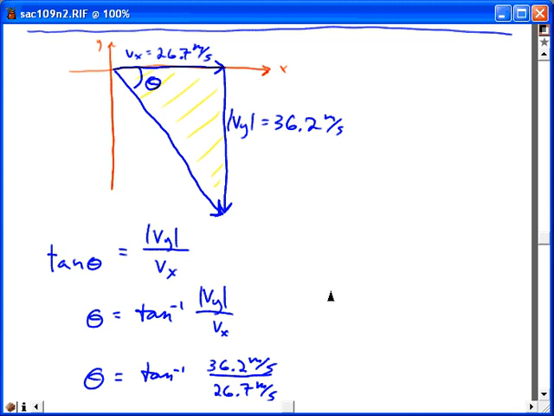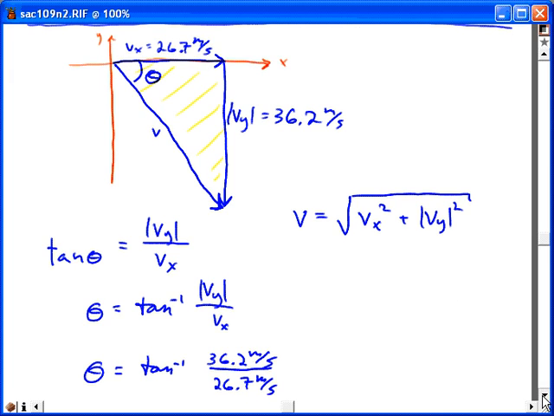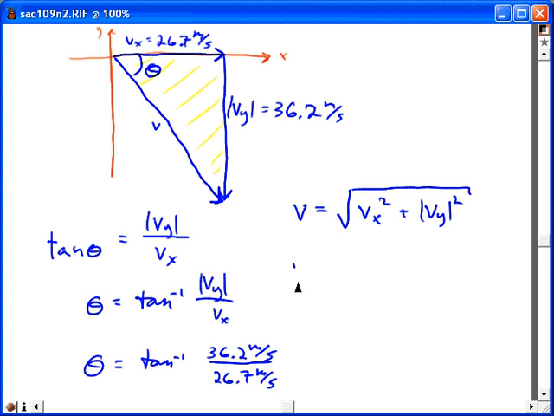I'll have to interpret that in quoting the final answer to the reader, but I'll use Pythagorean's theorem to get the magnitude of this total vector V. V is the square root of Vx squared plus Vy squared. Whether I use absolute value or the magnitude itself doesn't matter. So again, I am looking at it as legs of a triangle using Pythagorean's theorem, not some memorized formula for magnitude of a vector.